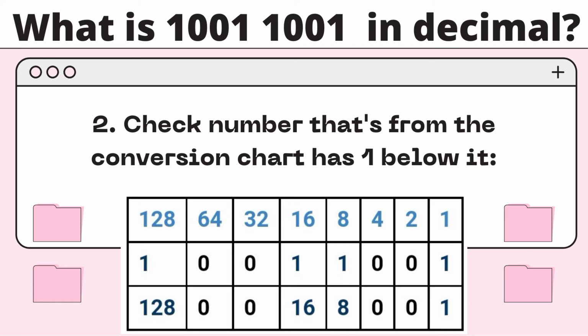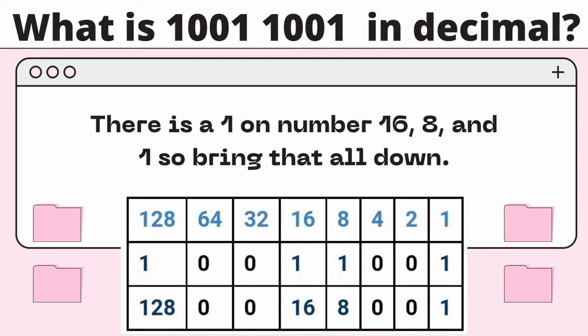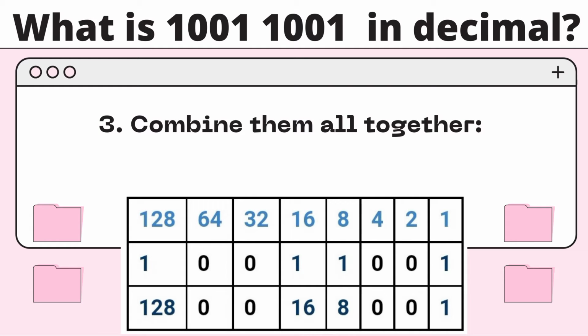Number 2. Check which numbers from the conversion chart have a 1 below them. There is a 1 on the number 128, so bring down 128 on the third row. There is a 1 on number 16, 8, and 1, so bring that all down. Number 3. Combine them all together.